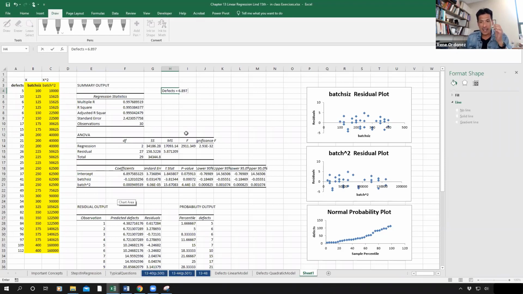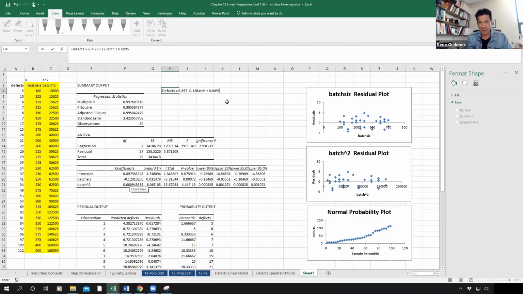And then the slope of batch size, the slope of X, is negative, right? It's negative 0.12 batch, or X, plus, this is a positive coefficient, 0.0095.